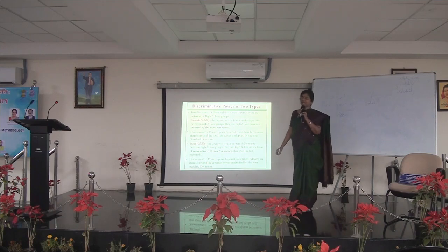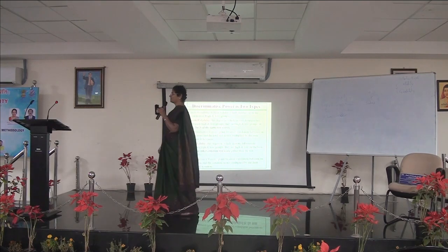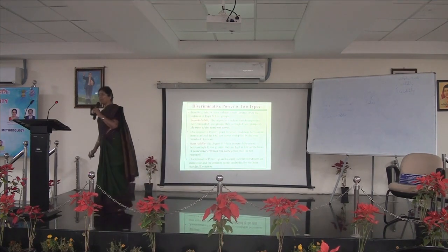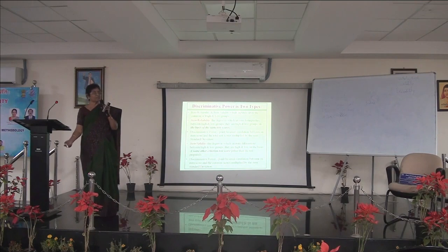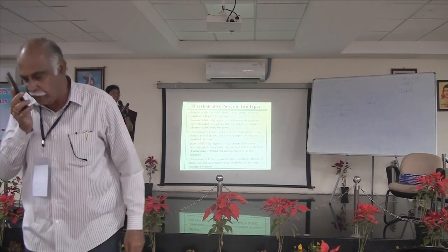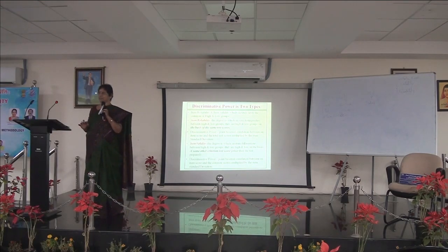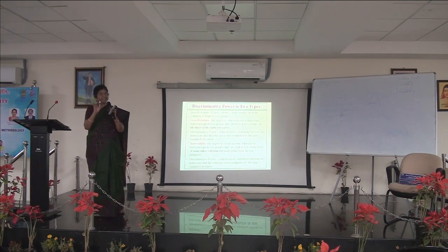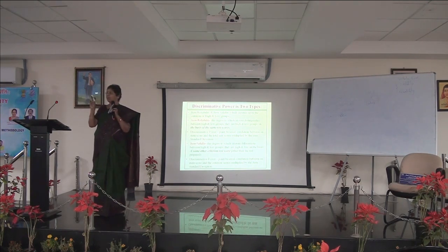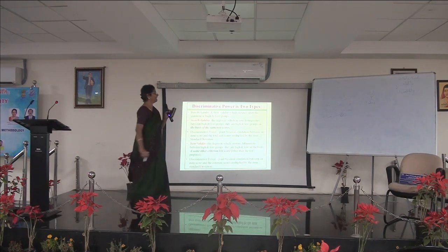And you want to see, depending upon the mental health, how many are socially well adjusted and how many of your sample are socially maladjusted. You want to know their social adjustment.